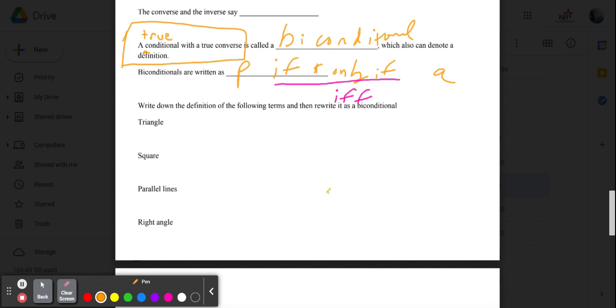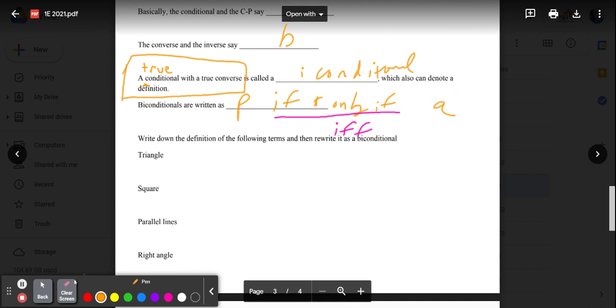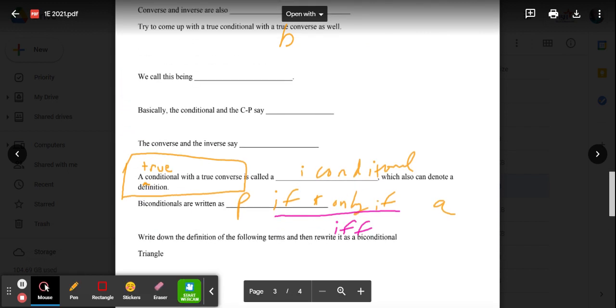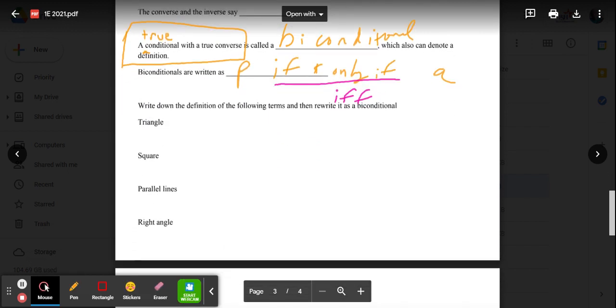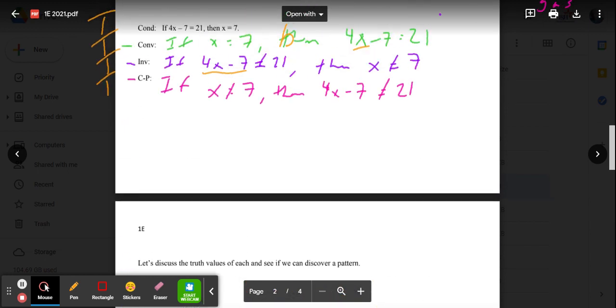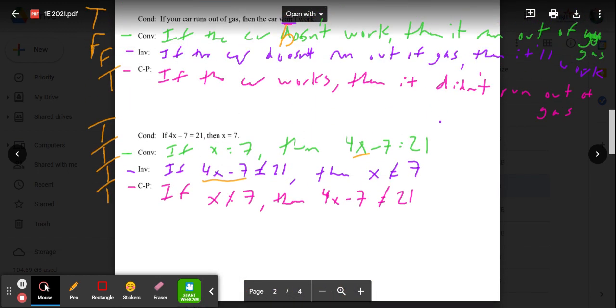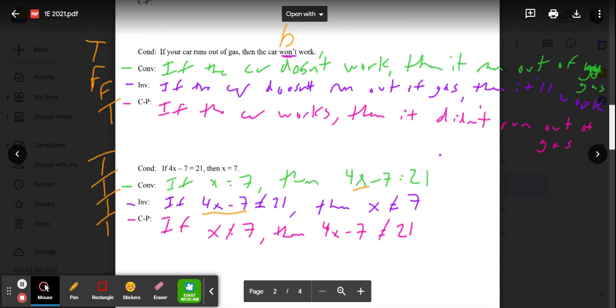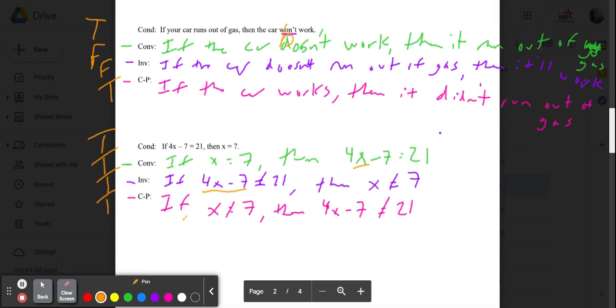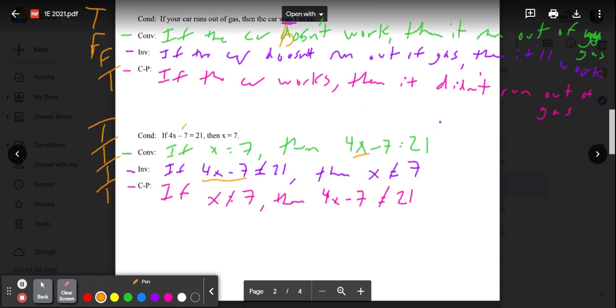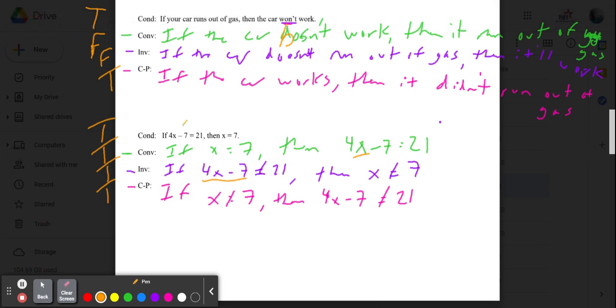So if we were to come back up here to our example, our hypothesis part was 4x minus 7 equals 21. That's our P. X equals 7.